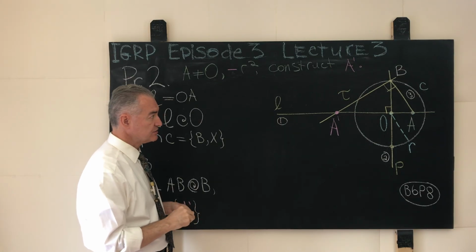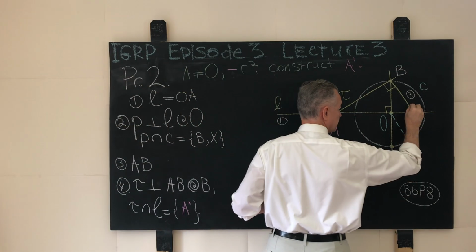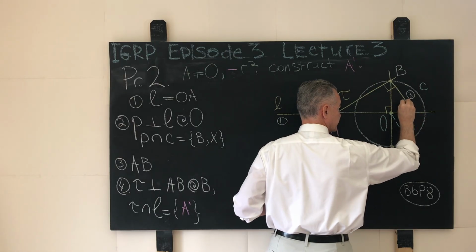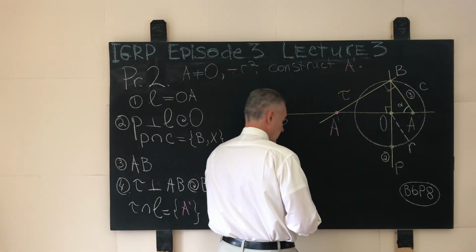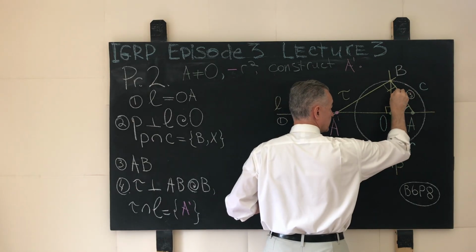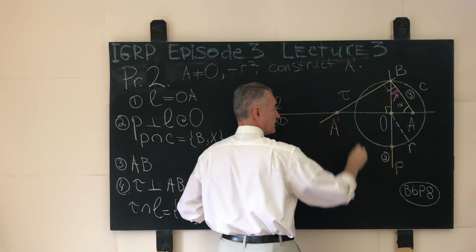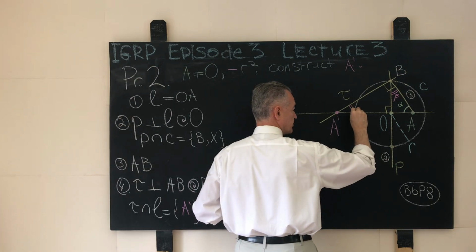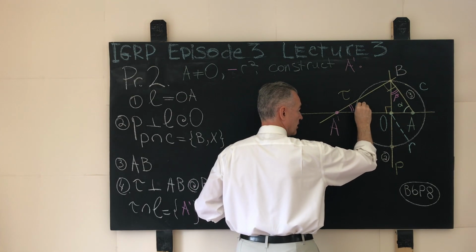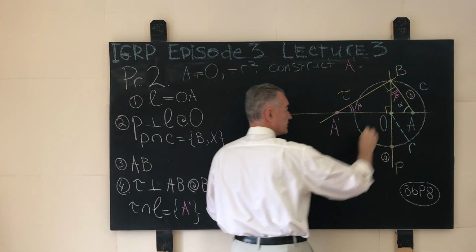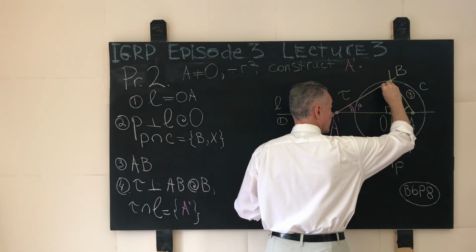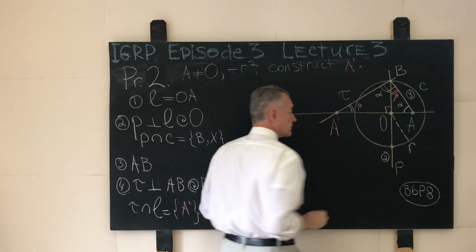I will just notice that if we designate the interior angle over here at A as alpha, and the interior angle over here, the smaller one, as beta, then we will have these angles partitioned thus. This will be beta, and this angle right here will be alpha.